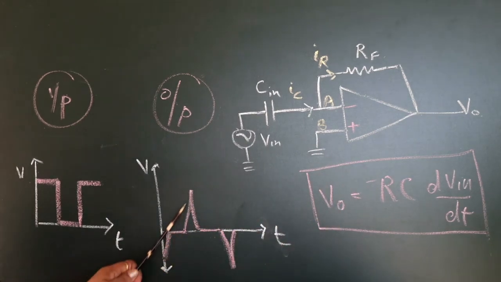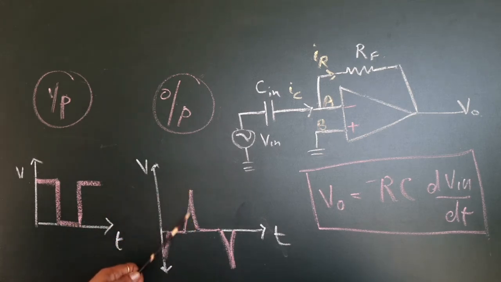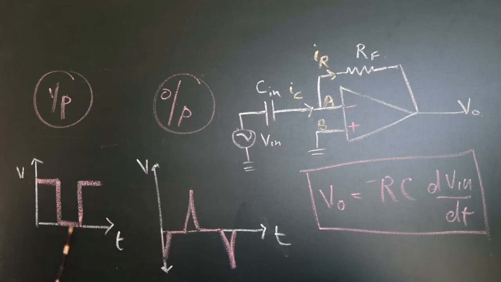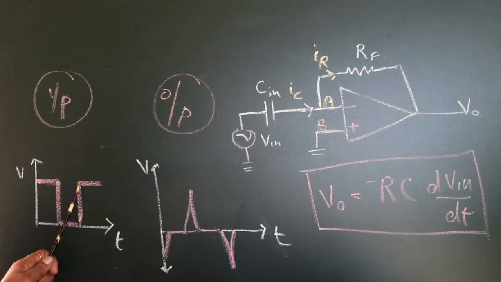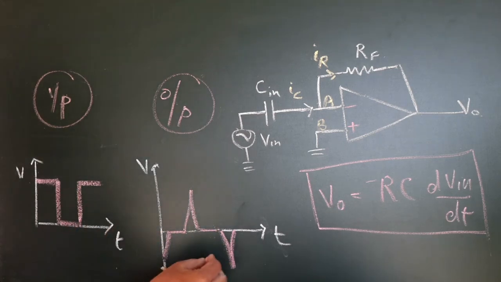But that fall of capacitor voltage will appear somewhat like a spike. It will remain 0 till this moment. Then from here onwards, you can see that it increases sharply. So there is a dV in by dt, and it will appear as a ramp voltage.